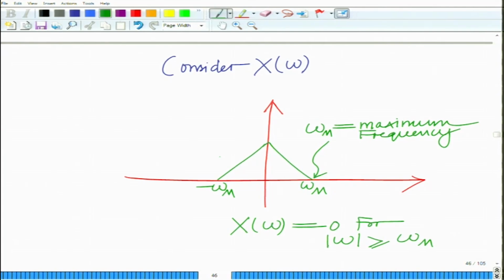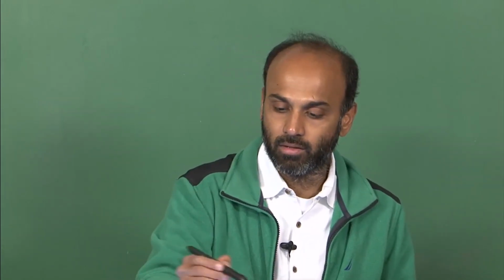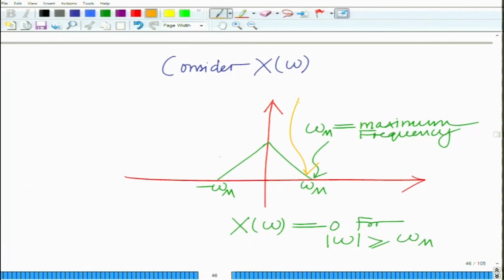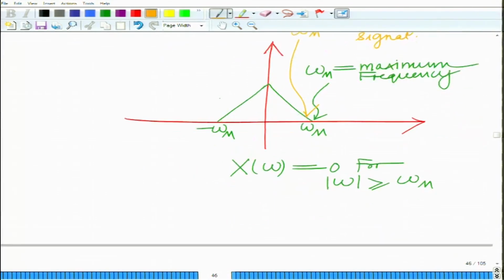X of omega is restricted to this band minus omega m to omega m, so you can say omega m is the bandwidth of the signal. The signal is 0 outside of this bandwidth.